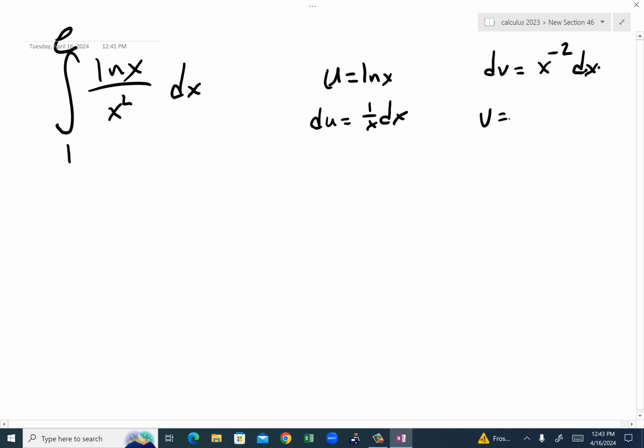Don't we add 1 to the exponent? So wouldn't that be x to the minus 1 divided by negative 1, which would be minus? Now what? Finish it up.